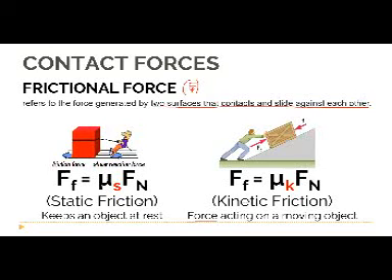So for static friction, we have mu sub S, and for kinetic friction, we have mu sub K, multiplied by the normal force, which is F sub N. These are the two types of friction, the static and the kinetic friction.